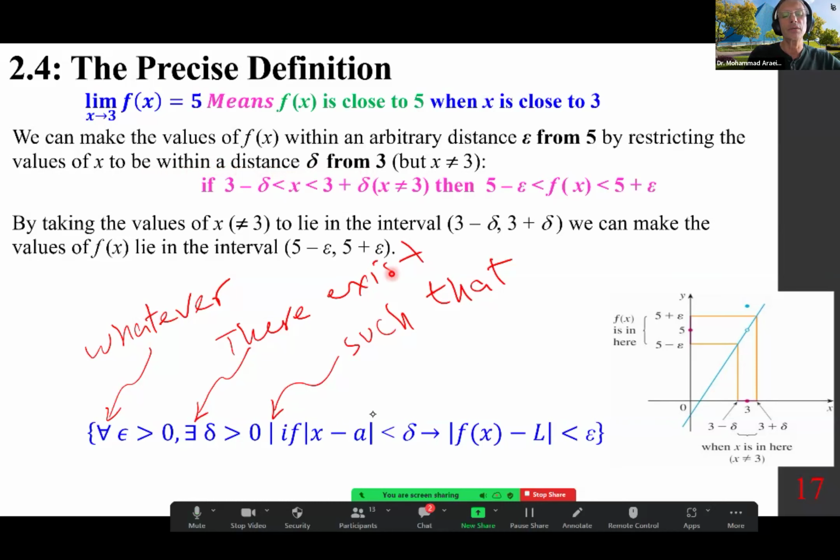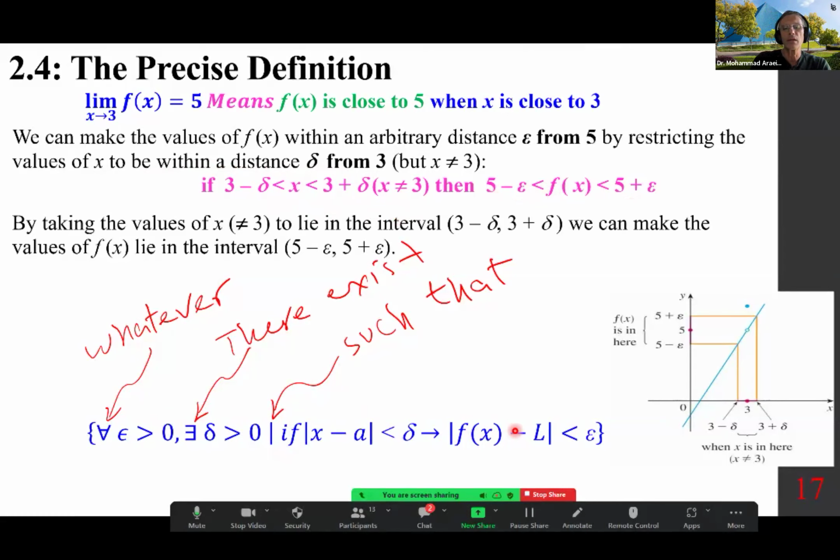In other words, if you expand the absolute value, x is between 3 minus delta and 3 plus delta, x can't be equal to 3, then f of x is larger than 5 minus epsilon and less than 5 plus epsilon.